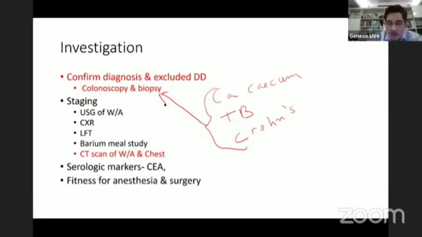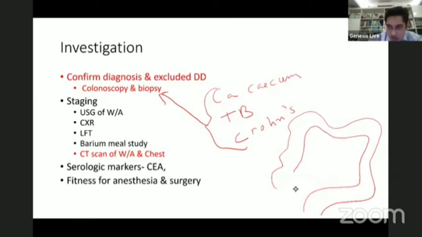Why? If you remember, the colon, this is the rectum, right? And this is the ileum. So the colonoscope can go all the way up to the cecum very easily. This part is very easy actually. And if there is a mass over here, it can take a biopsy from it.